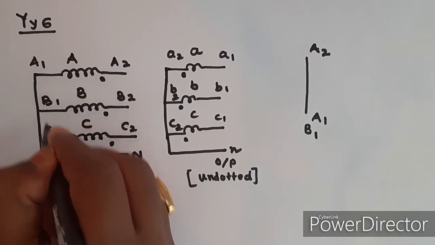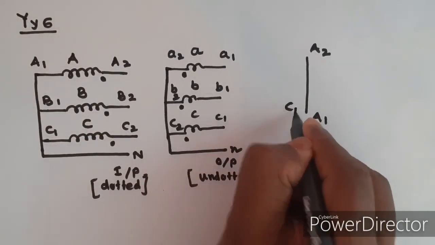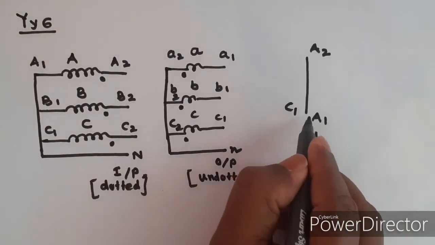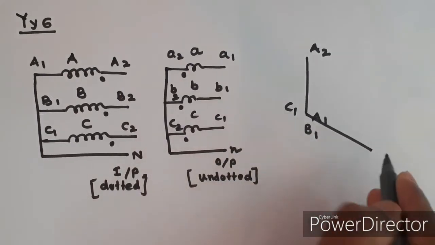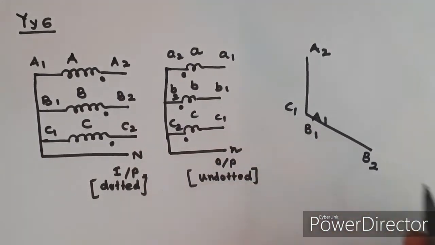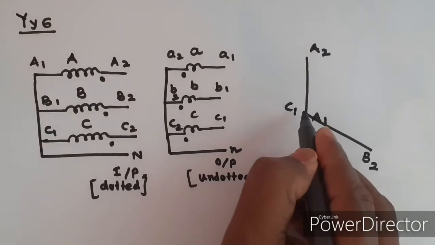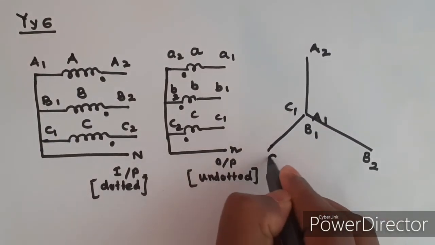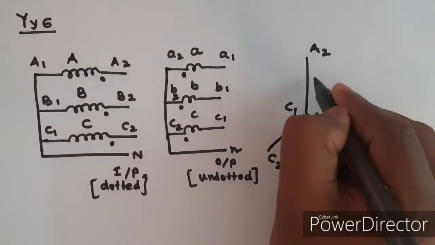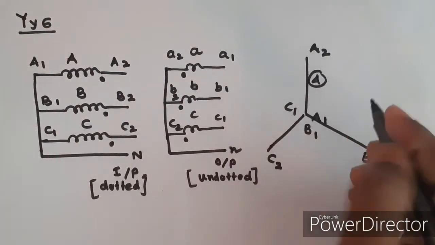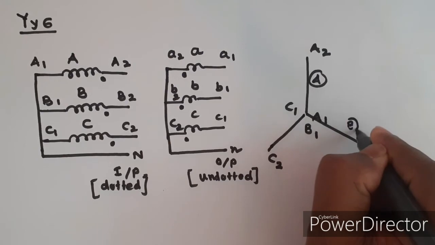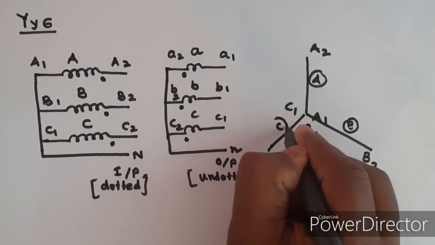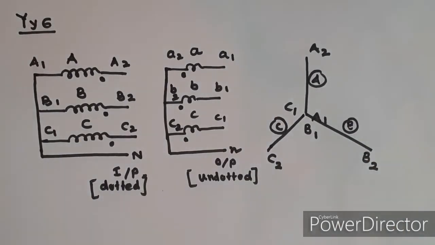Therefore, B1, B2 will be like this, and the C phase C1, C2 will be like this. This is your A phase, this is your B phase, this is your C phase.